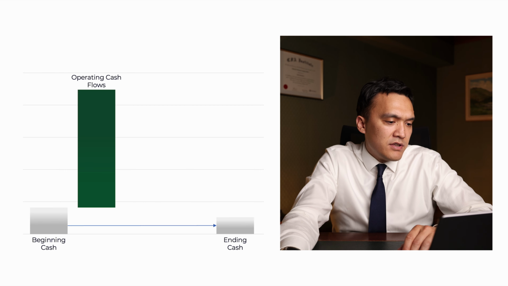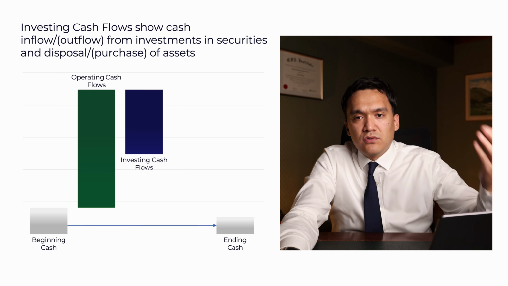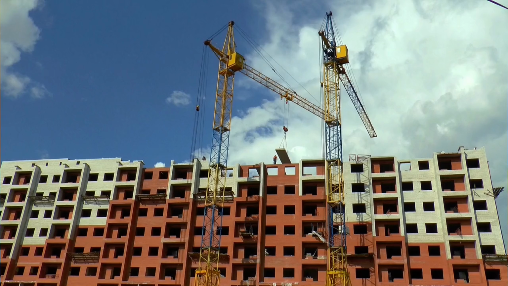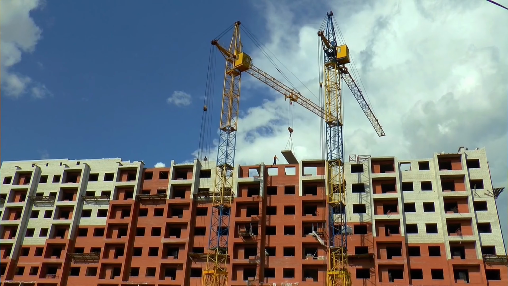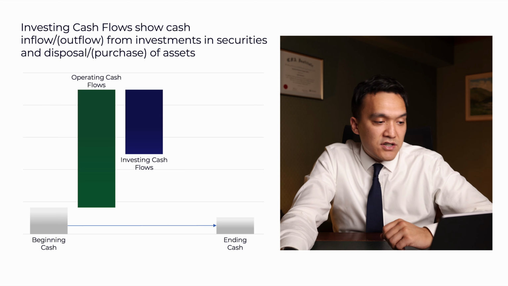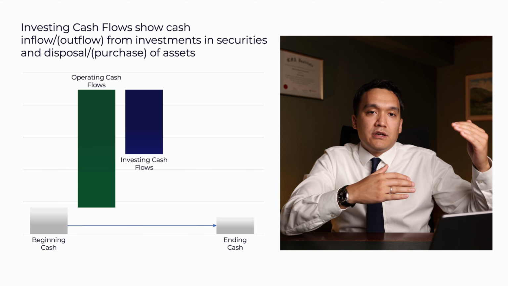Then we have investing cash flows. And investing cash flows show us cash inflows and outflows from investments in securities and from disposal or purchase of new assets. So here again you can see that investing cash flow decreased our cash balance, because again, what would we expect?